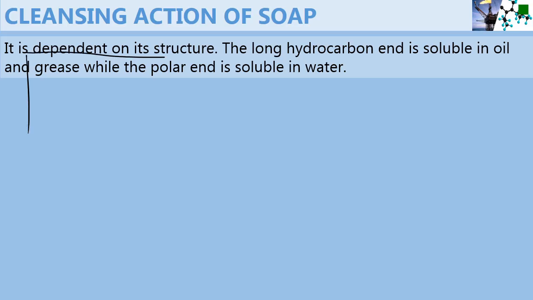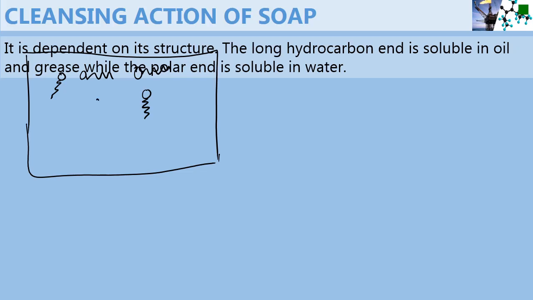So in the first case, we have the water molecules with the long chains. I'm just trying to draw. The little circles represent the polar end, and the zigzag lines represent the nonpolar long hydrocarbon chain.